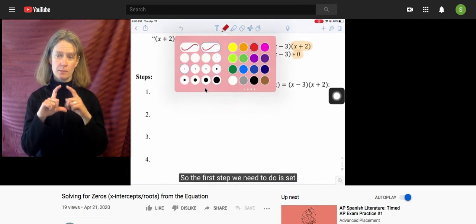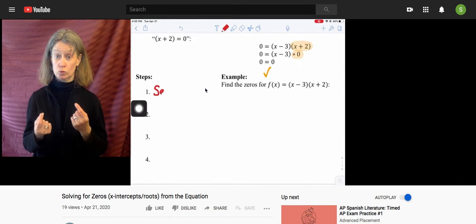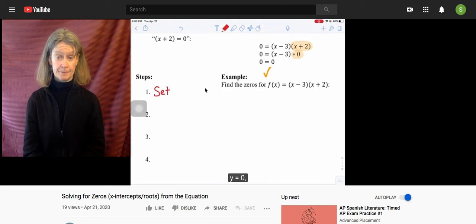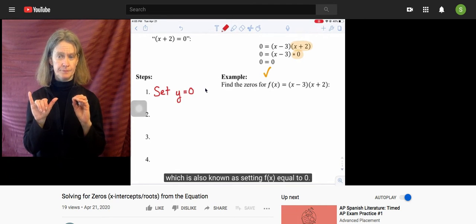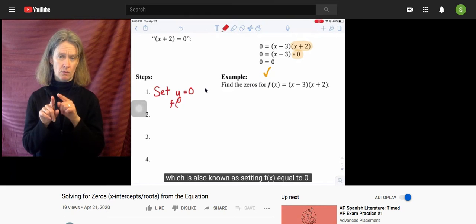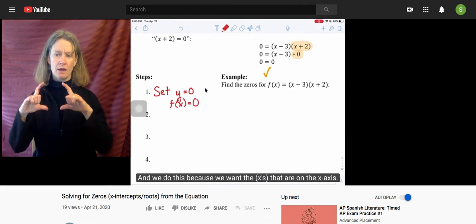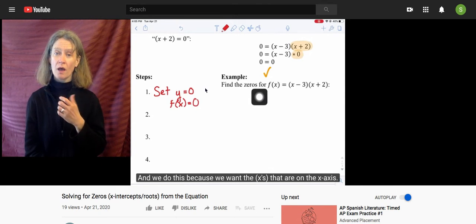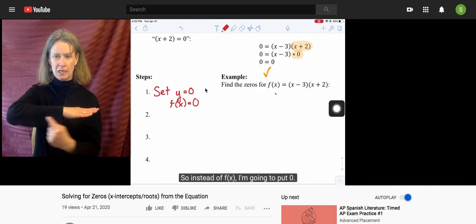So the first step we need to do is set y equal to 0, which is also known as setting f of x equal to 0. And we do this because we want the x's that are on the x-axis. So instead of f of x, I'm going to put 0.